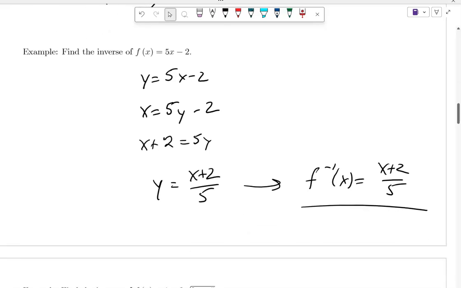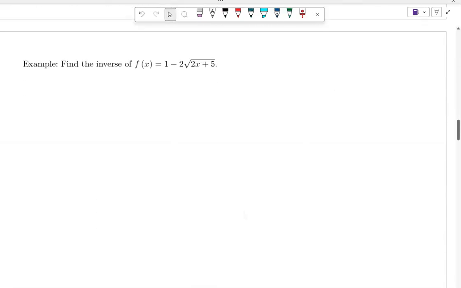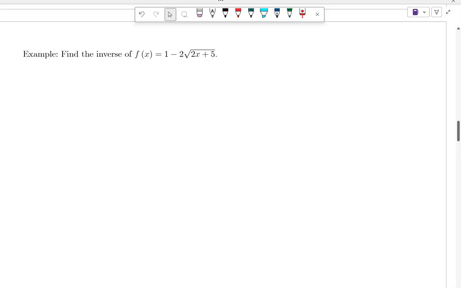Okay. Let's do another one. A little bit more challenging. This one says y has to equal 1 minus 2 square root of 2x plus 5.